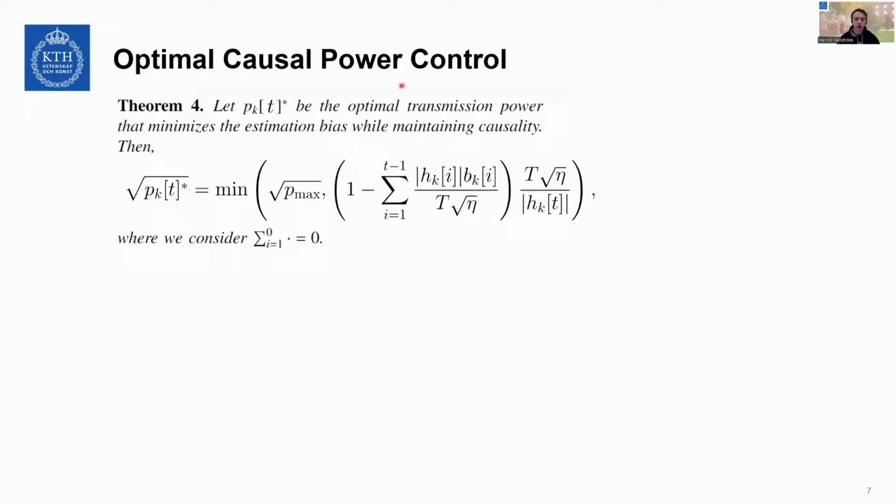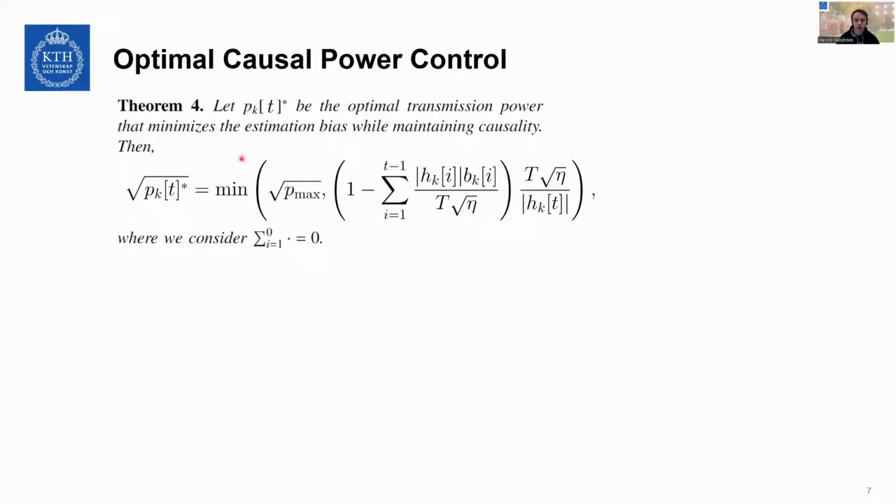Given this causality constraint, these powers are the best possible choice that you can make to minimize the squared bias. As you can see, at time t, we're leveraging old channels, so we need some memory to remember channels from the past, and the current channel, but we don't leverage any channels from the future.